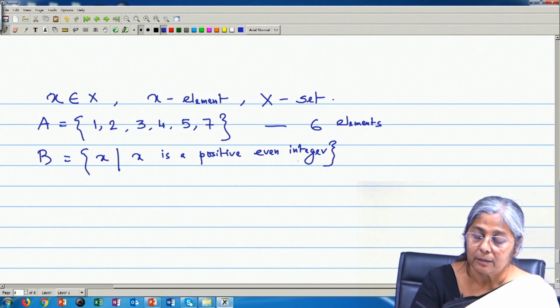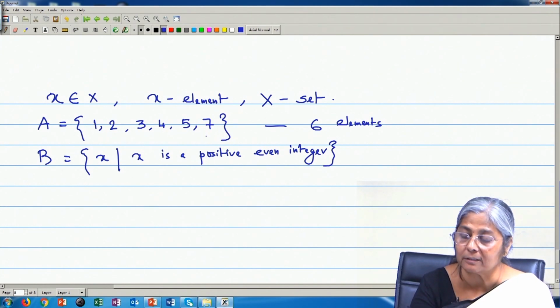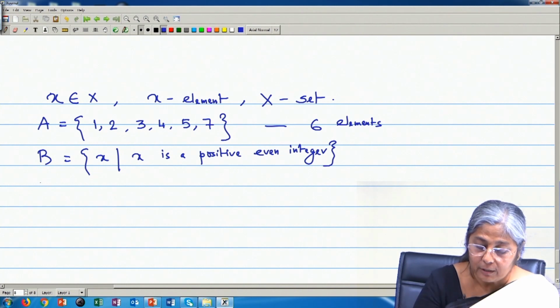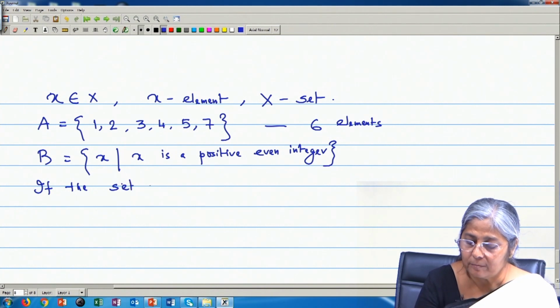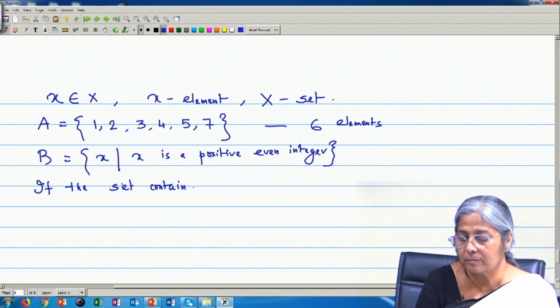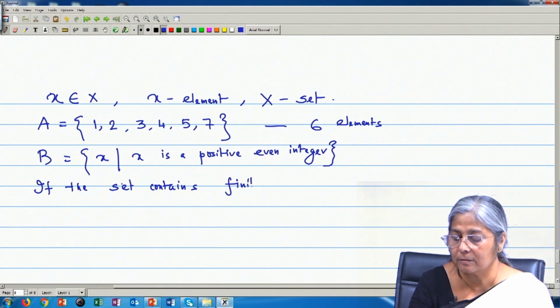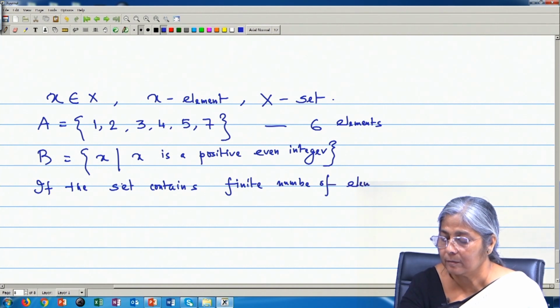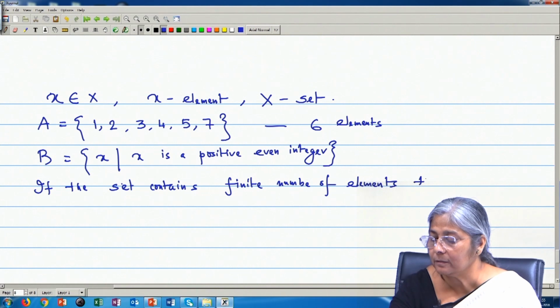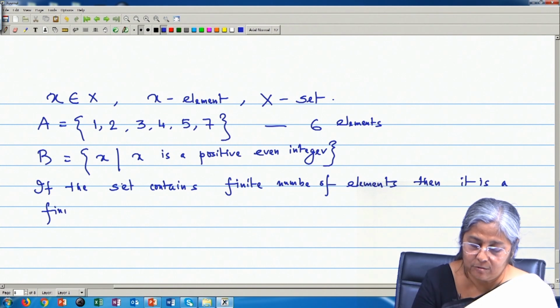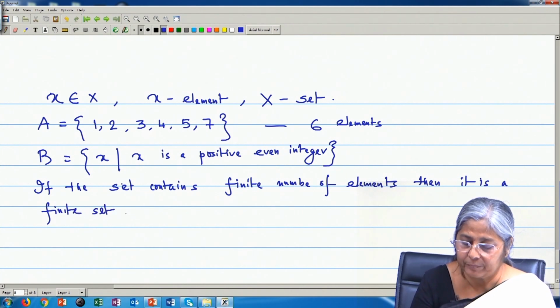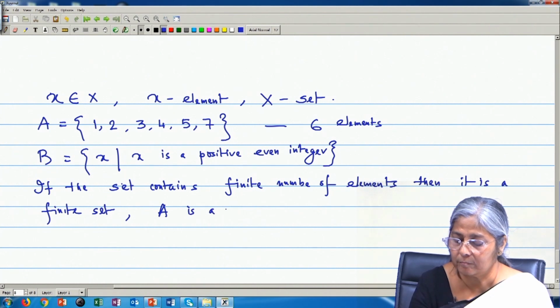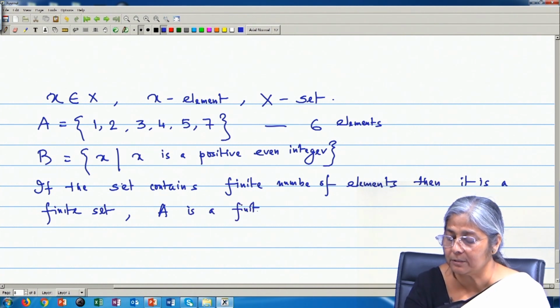Here, how many elements are there? Only 6. So, if the set contains a finite number of elements, then it is a finite set. So, in this example A is a finite set, since it contains only 6 elements.